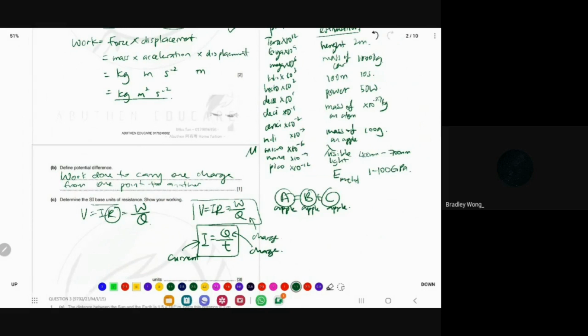Your answer cannot have voltage, cannot have coulomb. As I told you, base unit, you must have only the 7 units that I showed you just now. So how to find R?